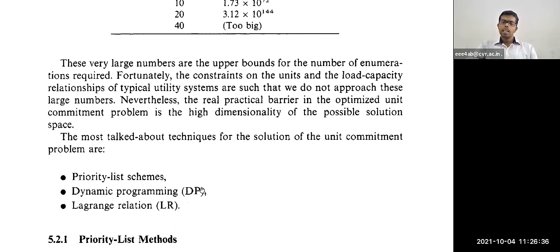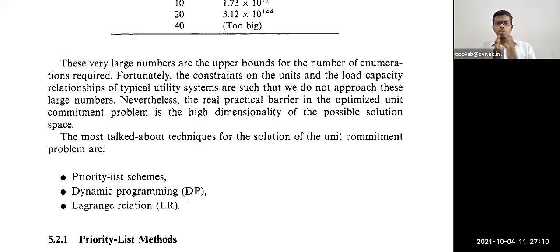The dynamic programming method is also one of the complex methods, but what we are going to do is use the fuzzy logic concept to program and solve the dynamic programming method. And the Lagrange's relaxation method we have already seen.